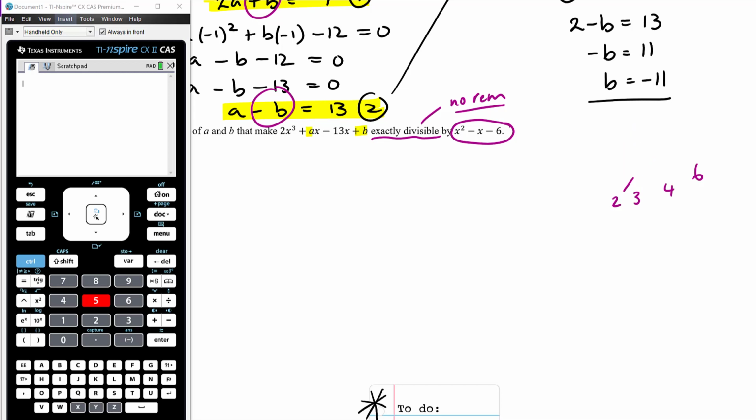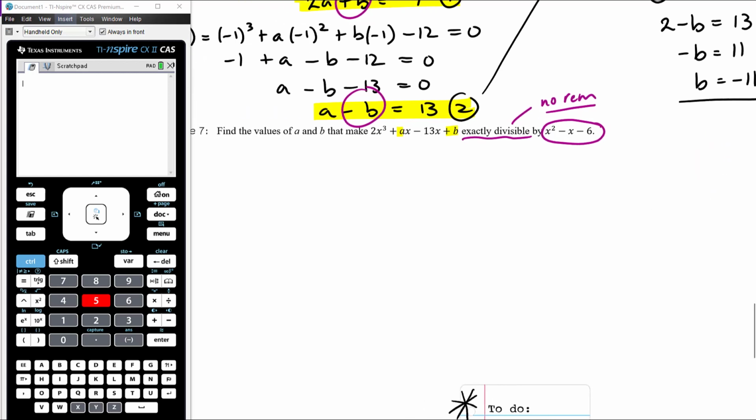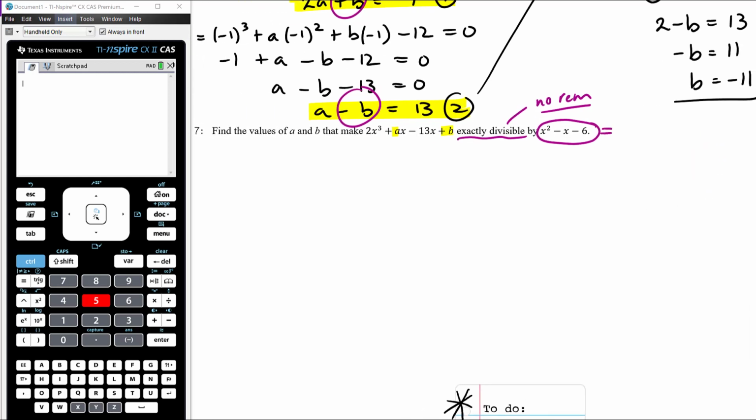So what we want to think about here is that x squared minus x minus 6, we can factorise into two linear expressions. Factors of negative 6 that add up to negative 1, so that's x minus 3 times x plus 2. So if it's divisible by x squared minus x minus 6, that means it's divisible by x minus 3 times x plus 2, which means it's divisible by x minus 3, and it's also divisible by x plus 2.